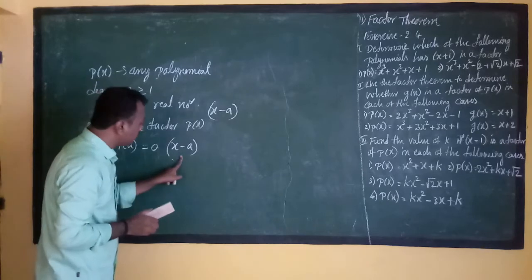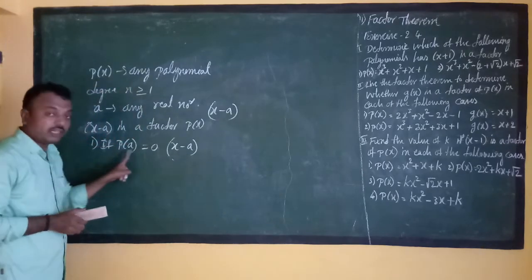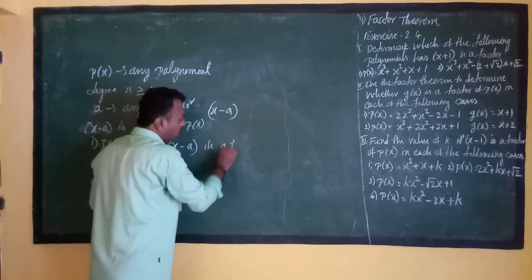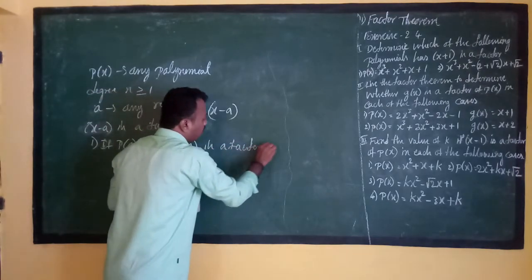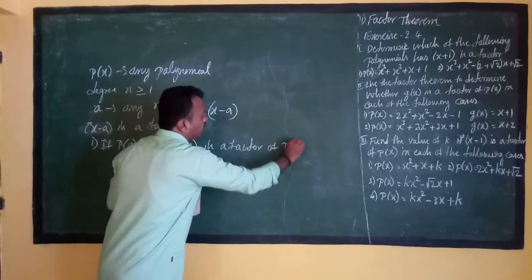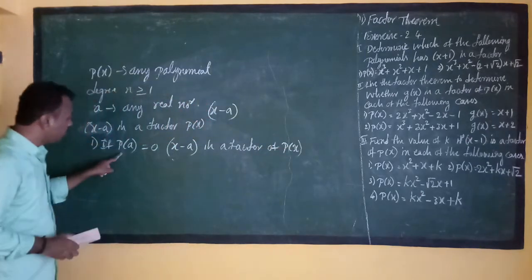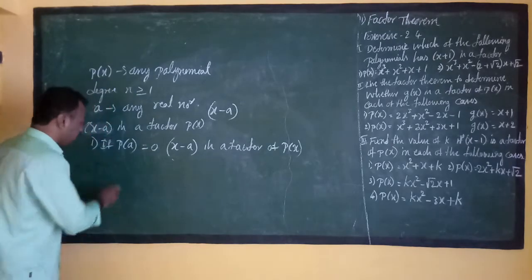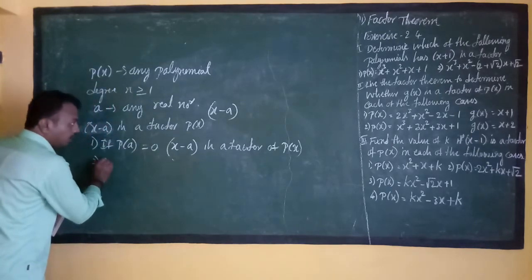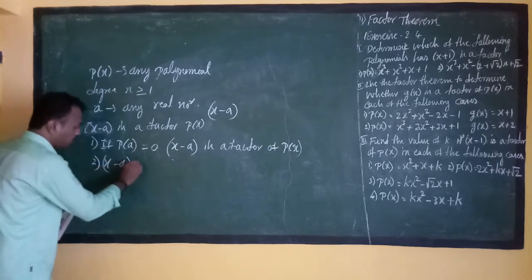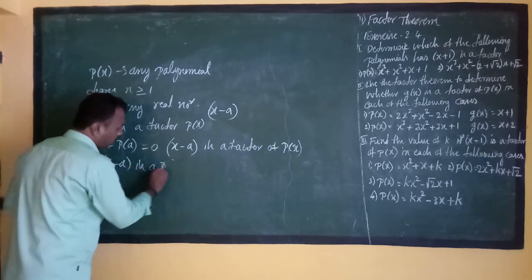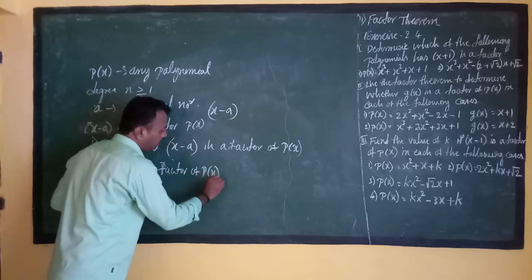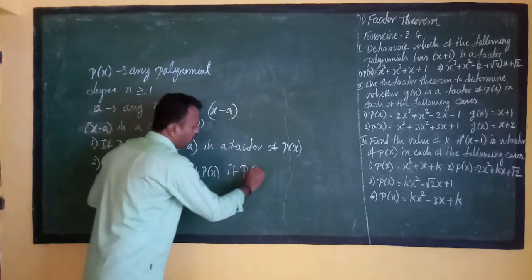So x minus a is a factor of p of x if p of a is equal to 0.